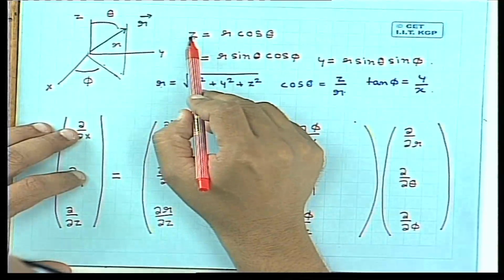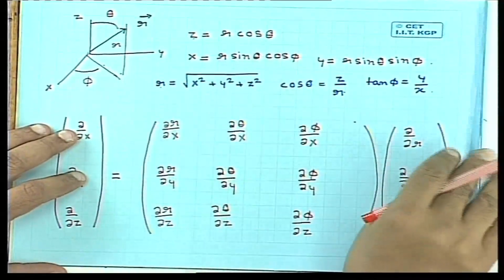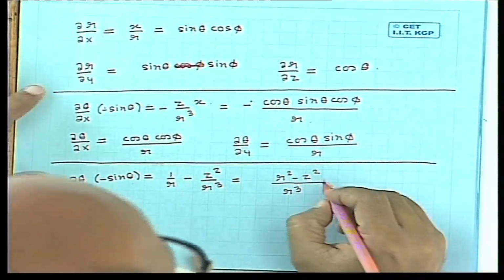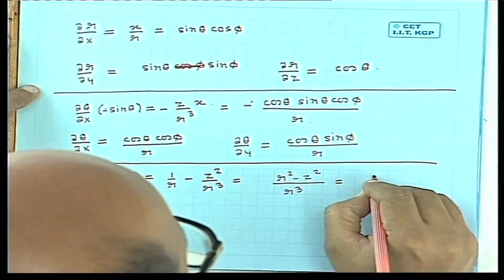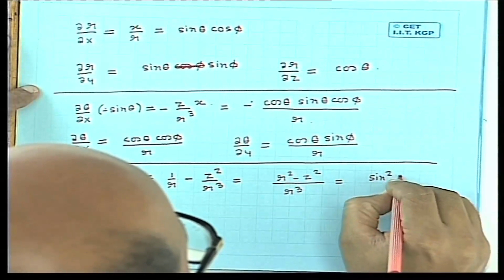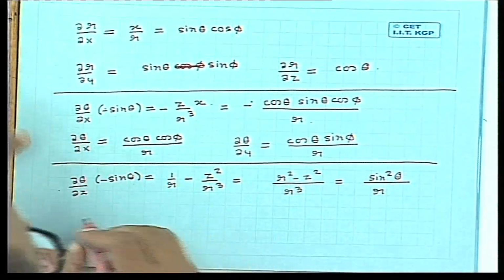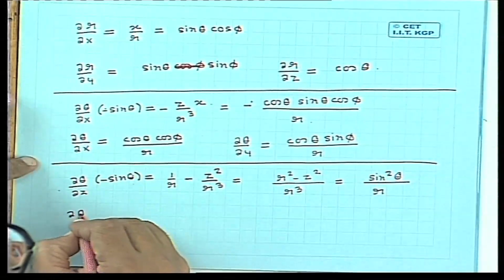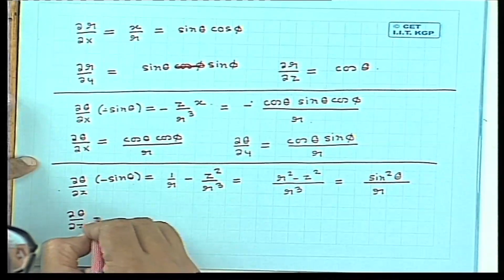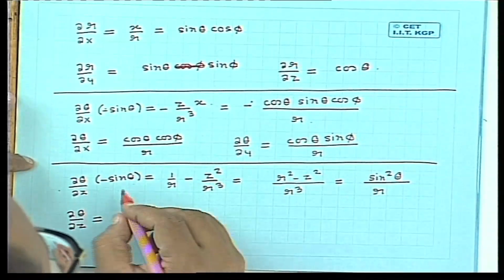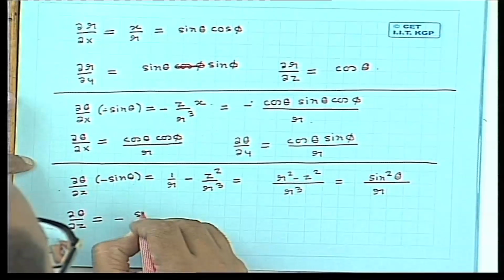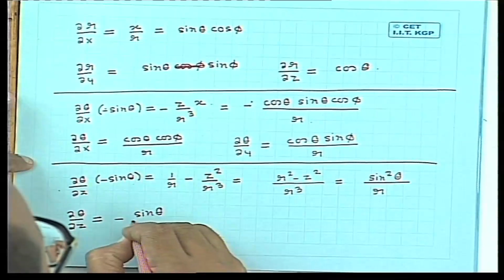So, r square minus z square is r square sine square theta. So, this is equal to sine square theta by r. So, del theta del z is equal to minus sine theta by r.